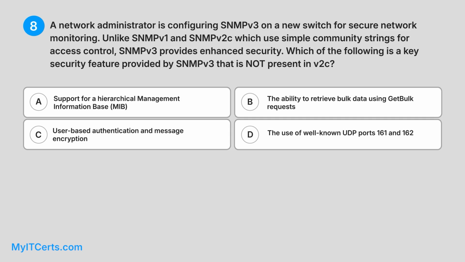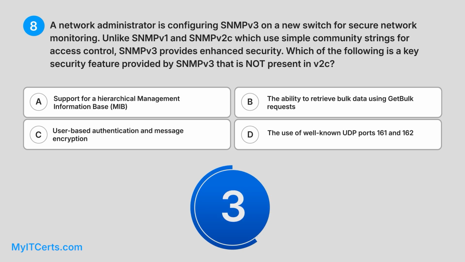A. Support for a hierarchical management information base, MIB. B. The ability to retrieve bulk data using GetBulk requests. C. User-based authentication and message encryption. D. The use of well-known UDP ports 161 and 162.